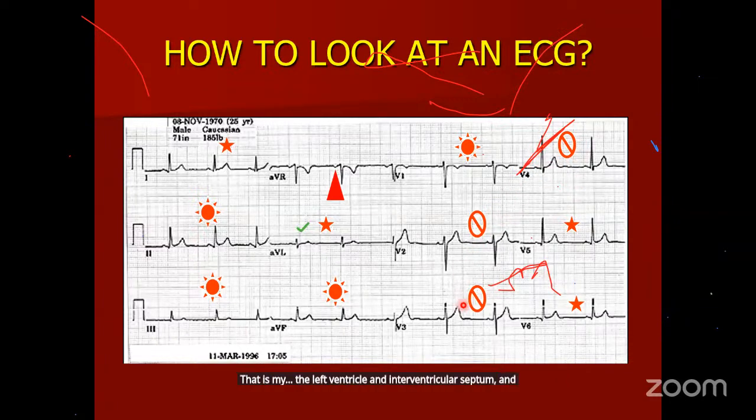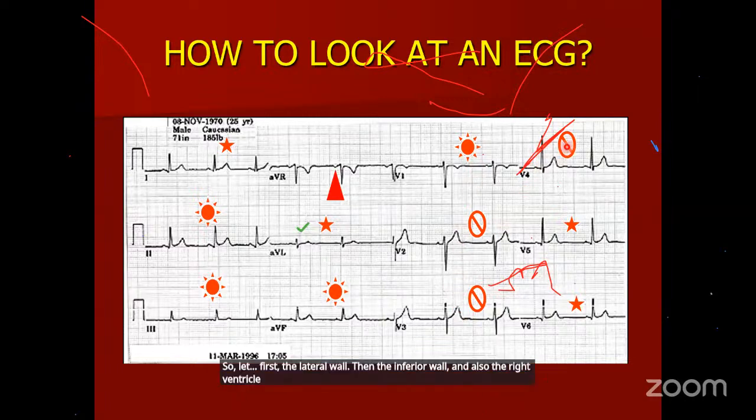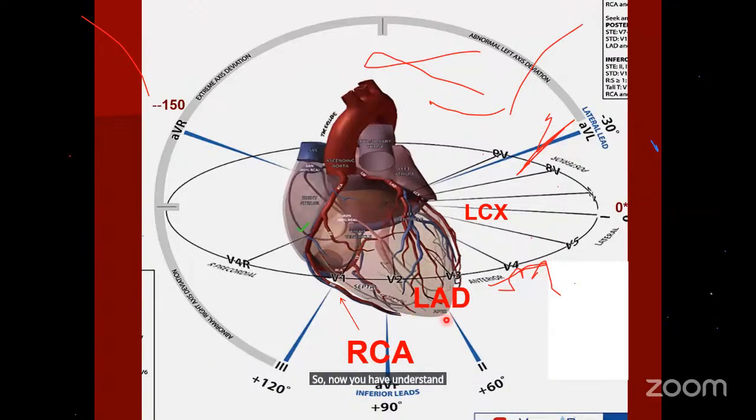This is how the ECG should be looked at: first the lateral wall, then the inferior wall, and also the right ventricle, the interventricular septum and the anterior wall. So now you have understood from this diagram the surfaces and also the perfusion territories.